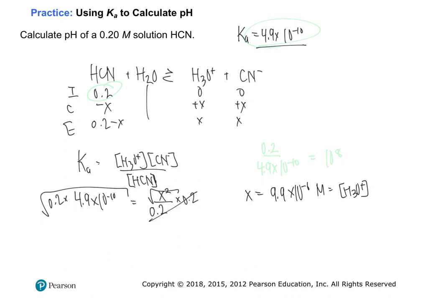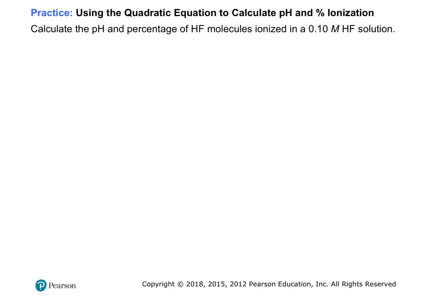So remember, pH is a negative log of that. So I'm going to do negative log of that number. And I get my pH equals 5.00. Great. So we love it when we have small Kas because we're in a high concentration of acid, high-ish, because then we're able to do that approximation.